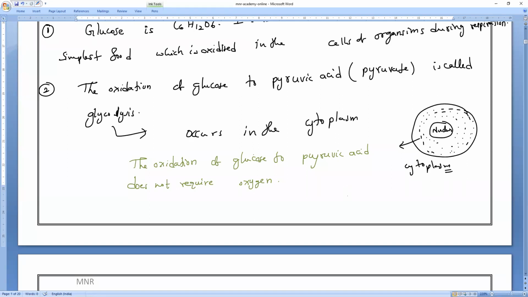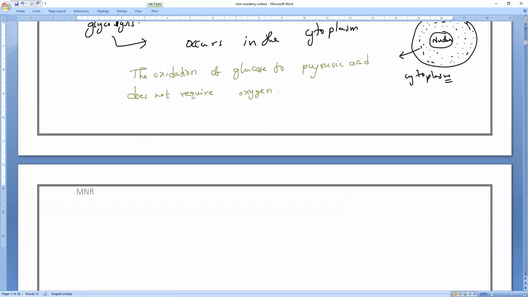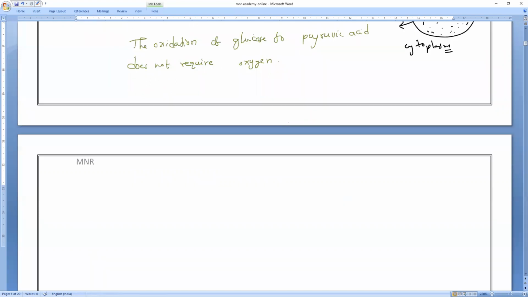Sir, then what will happen, sir? Nothing is there. So we all know glucose is a how many carbon atom compound, guys? Six, correct? Six carbon. If I take one molecule of glucose, the formula is C6H12O6. Understand?